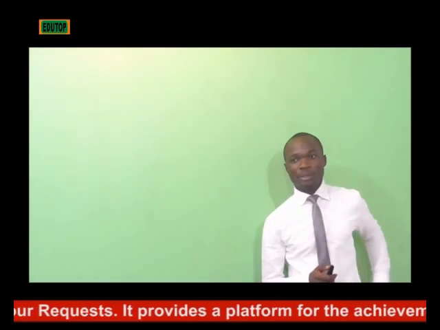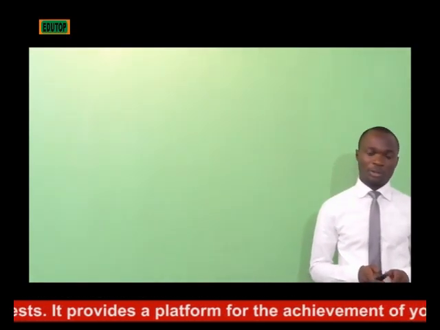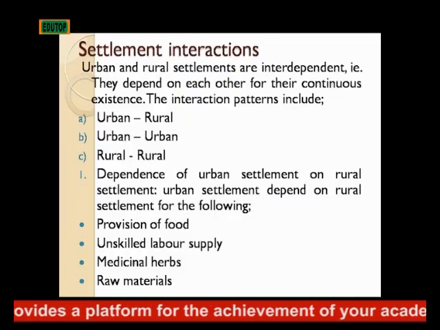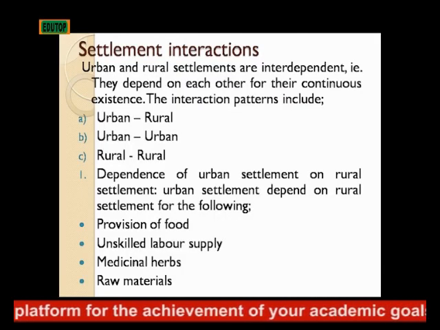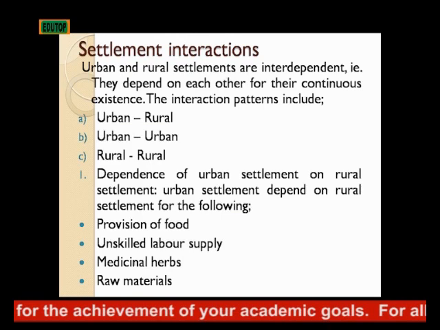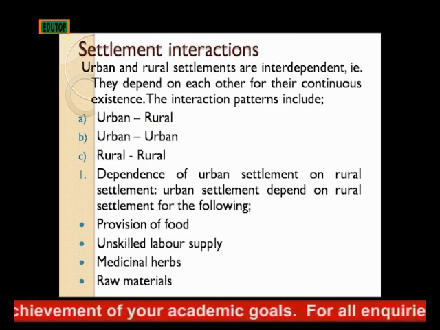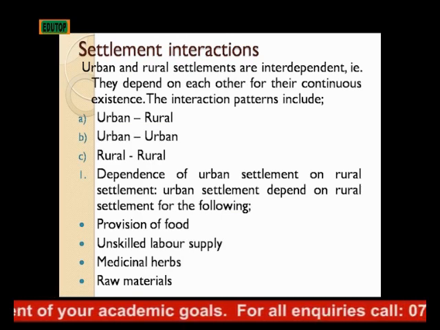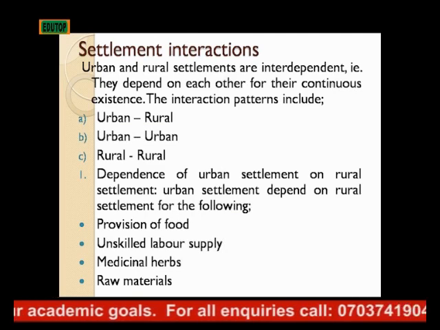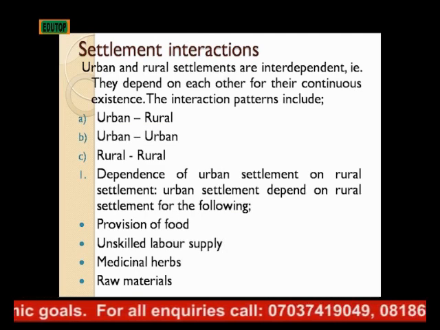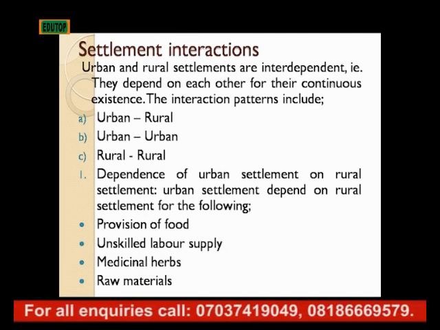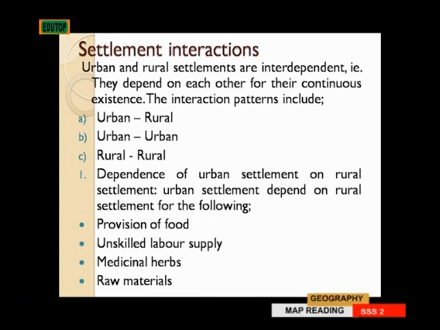Now, there is what we call settlement interaction. The urban and the rural settlements are interdependent. That is, they depend on each other for their continuous existence. And we have various interaction patterns like the urban-rural interaction, the urban-urban interaction, and the rural-rural interaction.